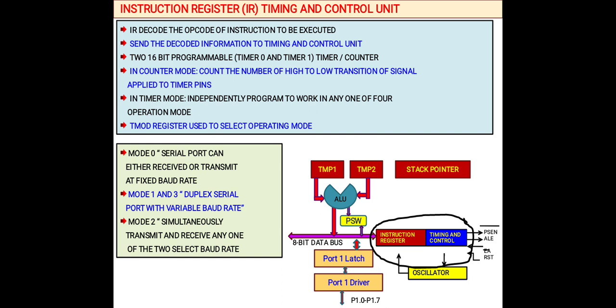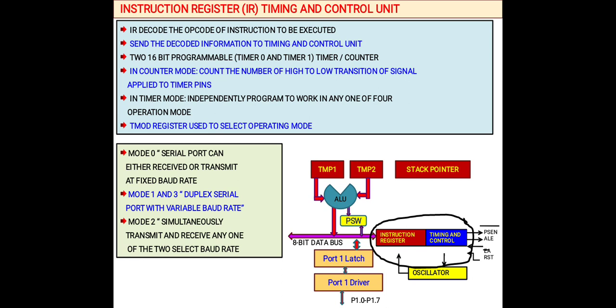Instruction register, timing and control unit. We fetch the instructions one by one, starting from the address stored in the PC, the program counter, and store this instruction in the instruction register.